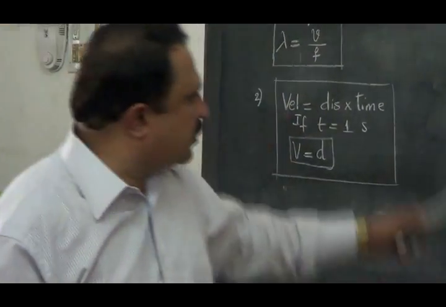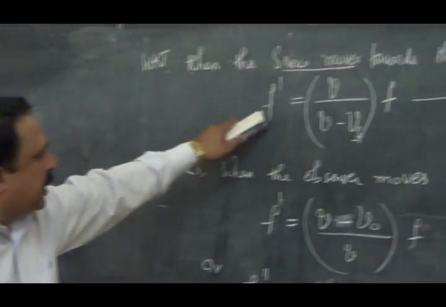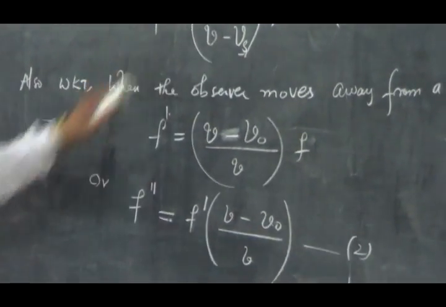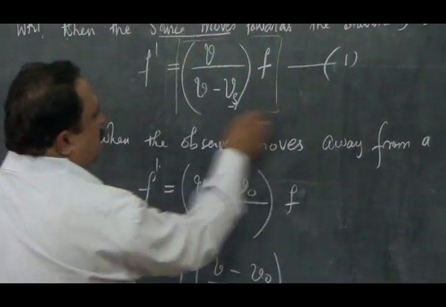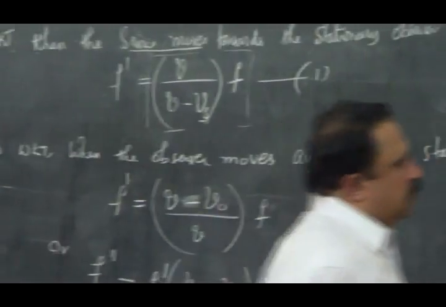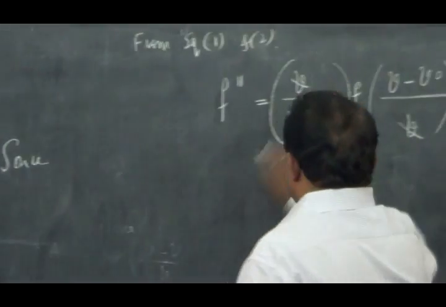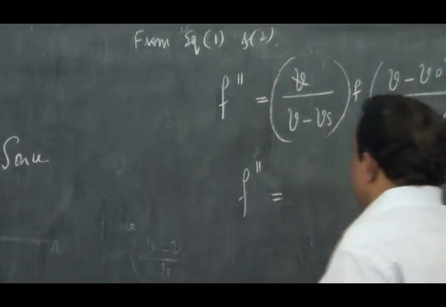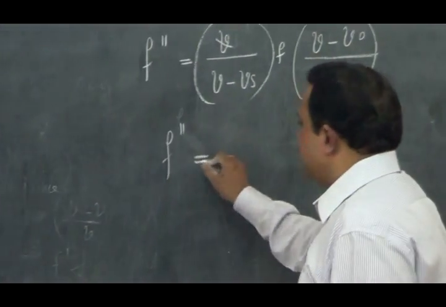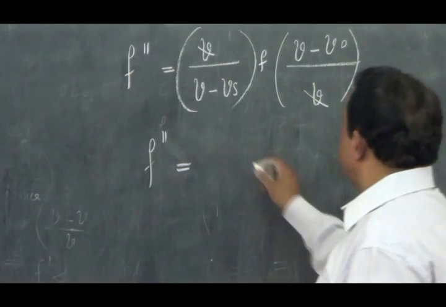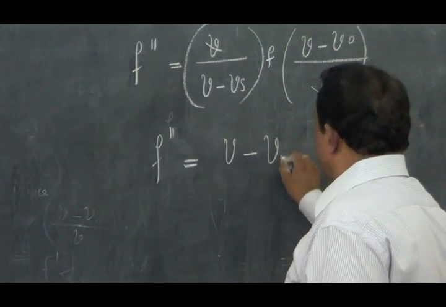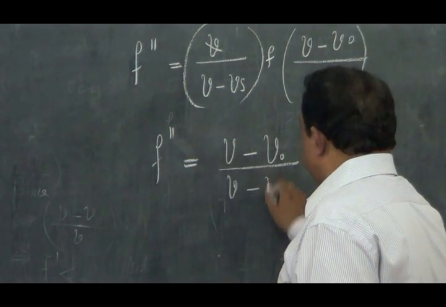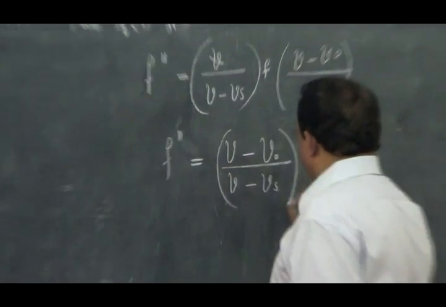I just combine both the equations, putting this value in place of F dash. So you cancel this V and V. So F2 dash equals, when both are moving, the apparent frequency comes out as (V minus V naught) divided by (V minus Vs) into F.